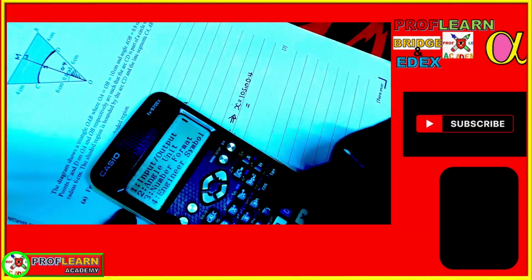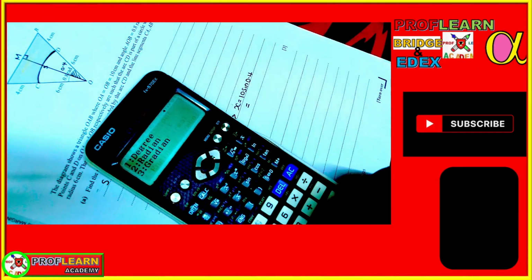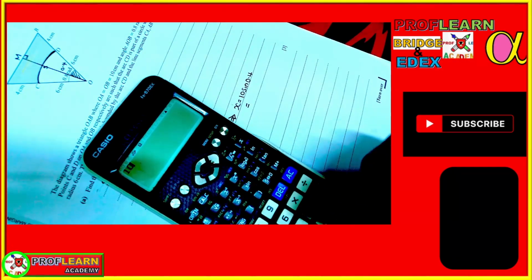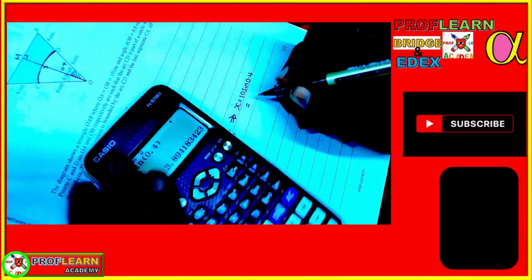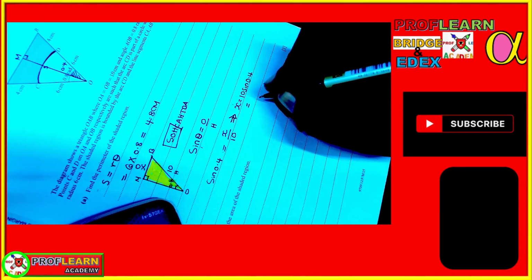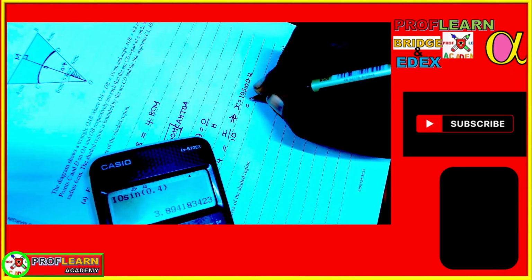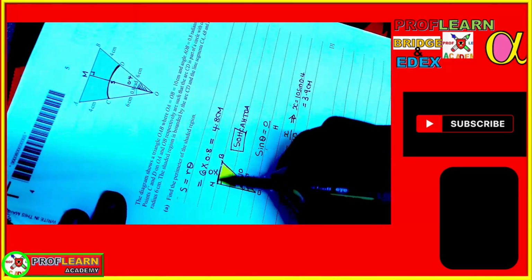I'll have to ensure that my calculator is set to radians. Don't forget that. Then I can say 10 sine 0.4, and if you work it out, we shall get 3.9 centimeters. So from this side here, this is 3.9.